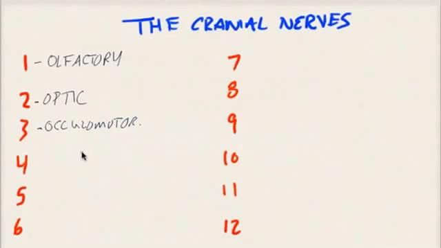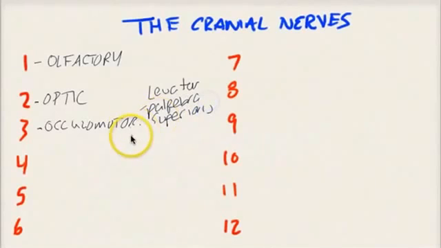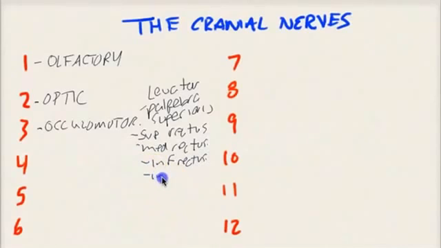It's going to innervate a few specific muscles in the eye: the levator palpebrae superioris, the superior rectus, the medial rectus, the inferior rectus, as well as the inferior oblique.